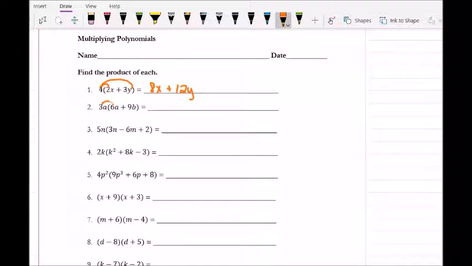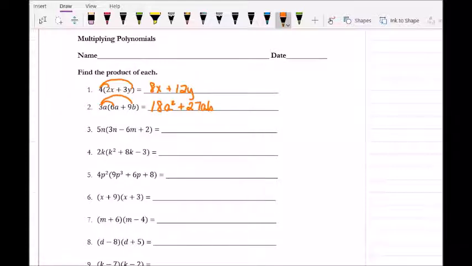Okay, 3a times 6a. So 3 times 6 is 18, and then a times a is a squared. And then 3a times 9b, 3 times 9 is 27, and then just ab, which means a times b, and that's all we can do with that.